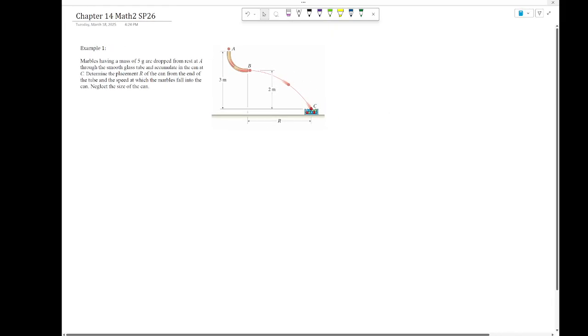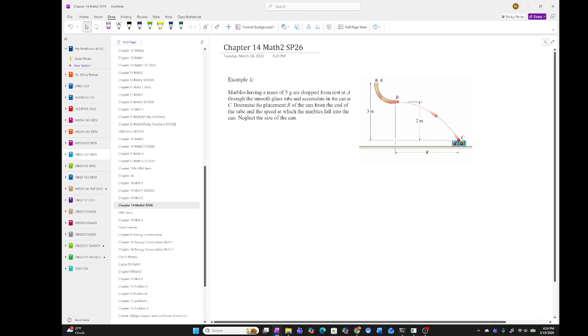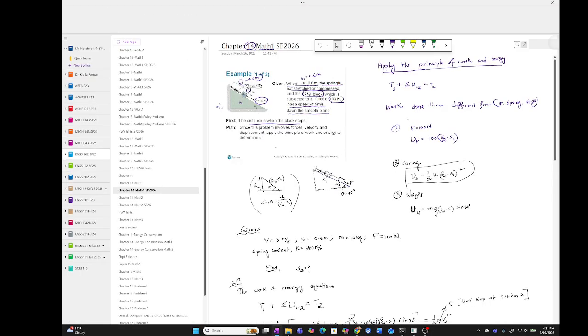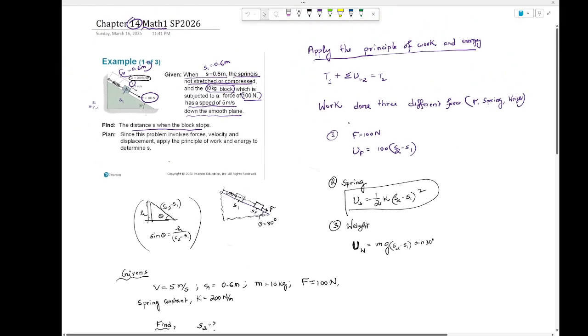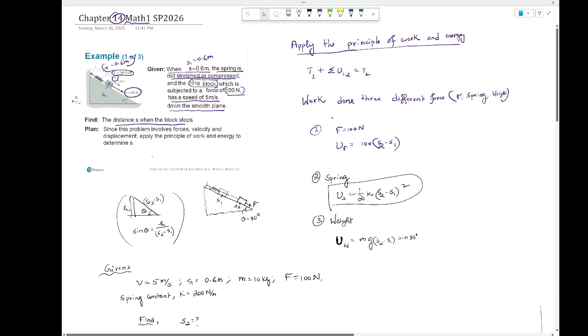We started with a problem in the last class. Let me show it to you quickly, as an overview. In the last class, we introduced a new equation called the principle of work and energy. T1 is the kinetic energy at state 1, T2 is the kinetic energy at state 2, and the summation is the energy from state 1 to 2, like all other force-related energy.